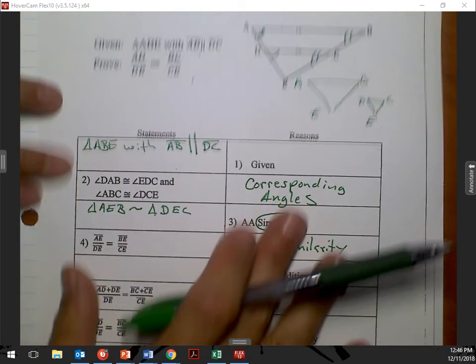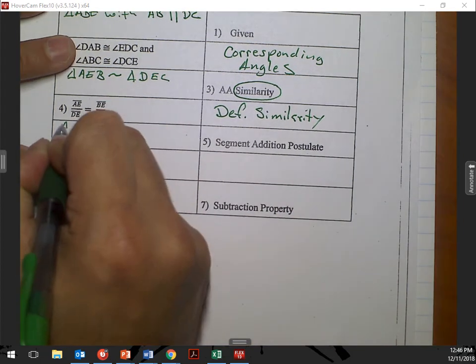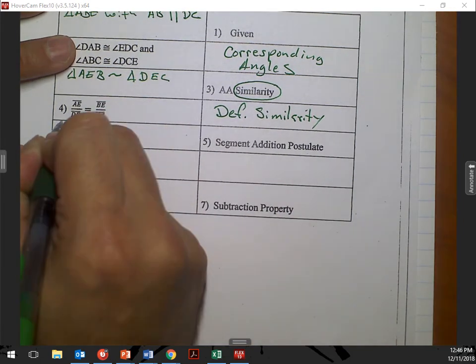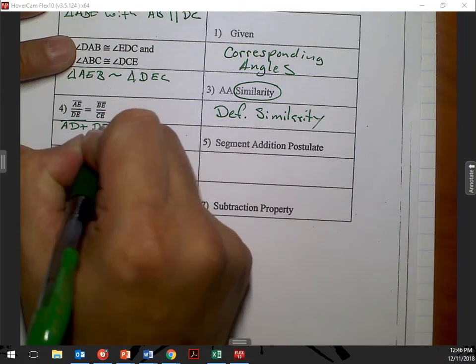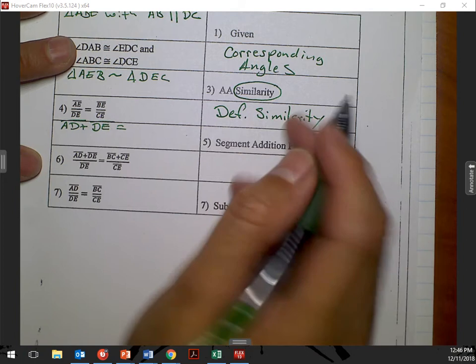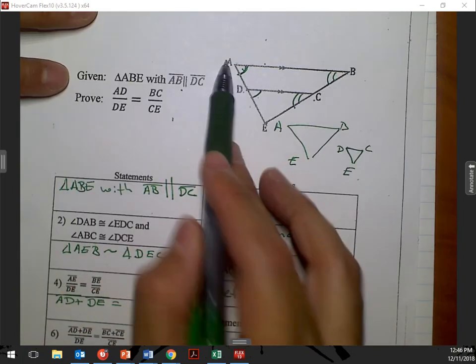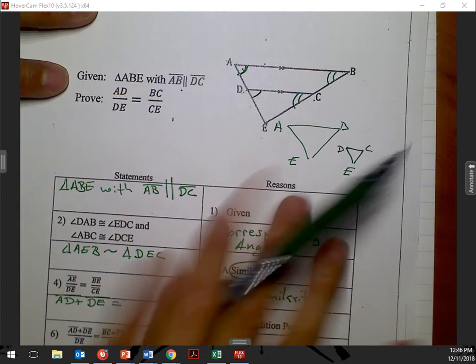That's what I'm looking for. So AD plus, what's the other side? DE. DE is equal to which one? BC? No. AD plus DE is going to give me AE, A to E. So all of it together is AE.